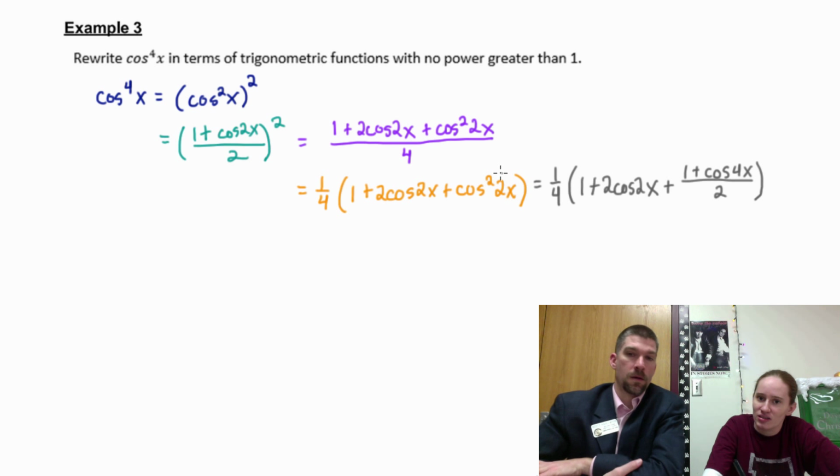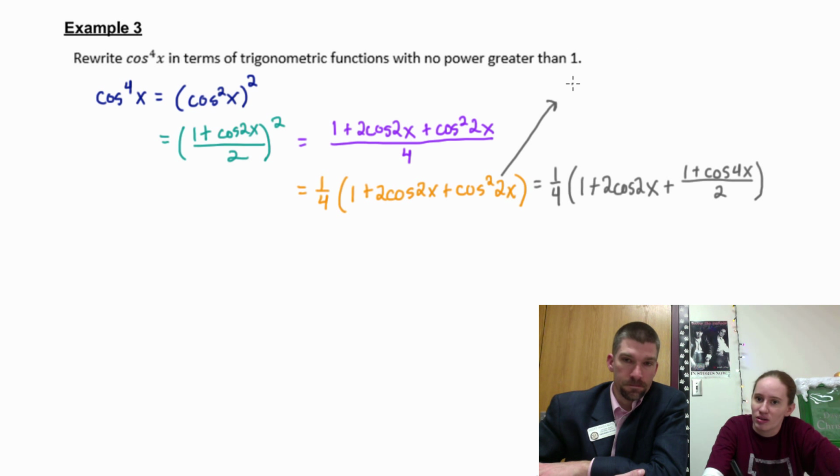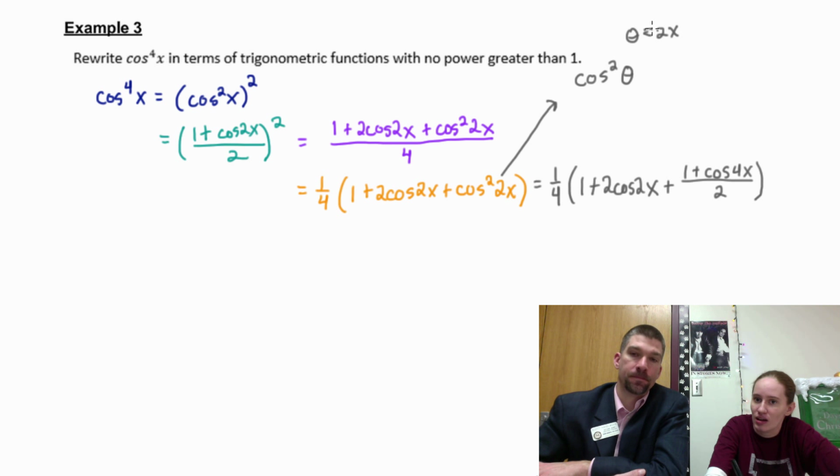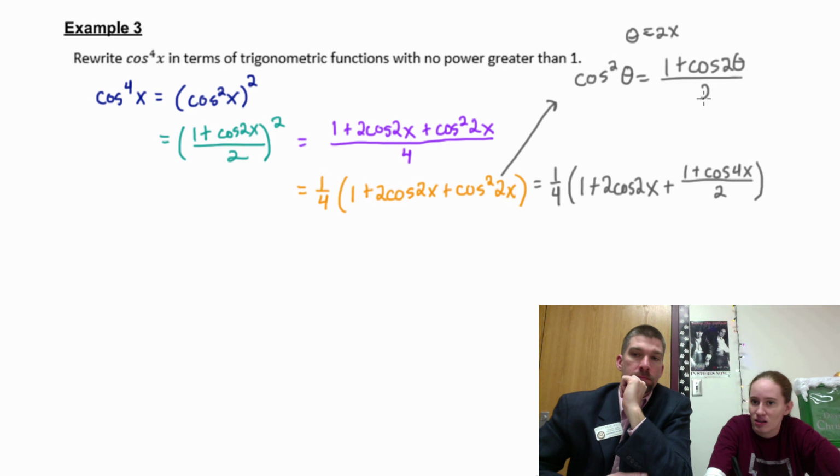Right, and so in case you missed that, let's do this in slow-mo. We have cosine squared of theta, where theta is 2x. Okay, and so we are using our power reducing identity here to change it, but then we put the theta back in so that we have 2 times 2x.